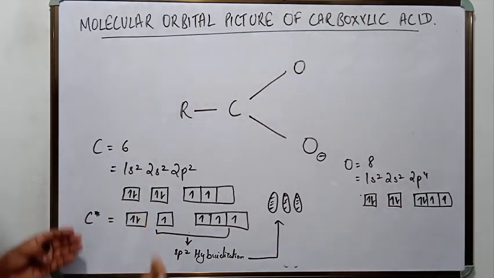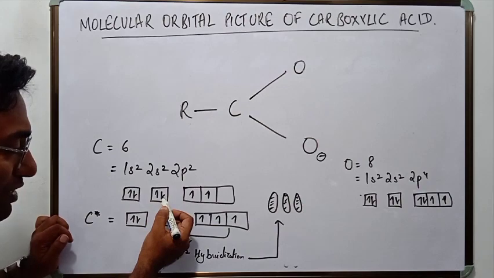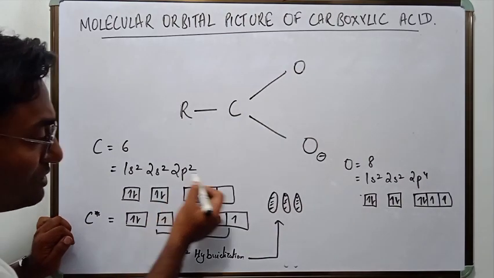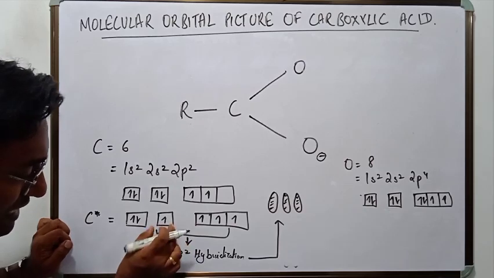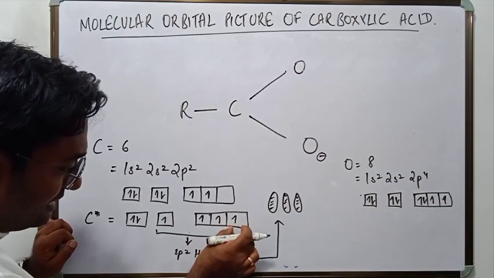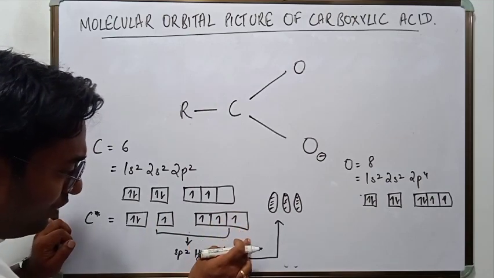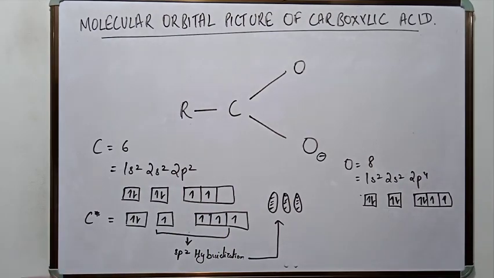Carbon, before entering into a reaction, becomes excited, and one electron from the ground state, the 2s2 orbital, jumps to the excited state, the 2pz orbital. Now you can see that the valency of carbon is 4.